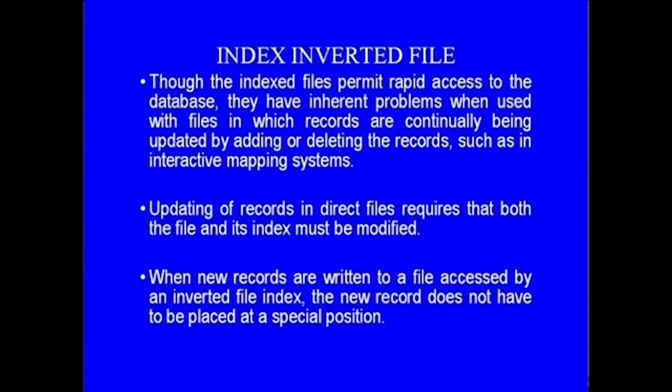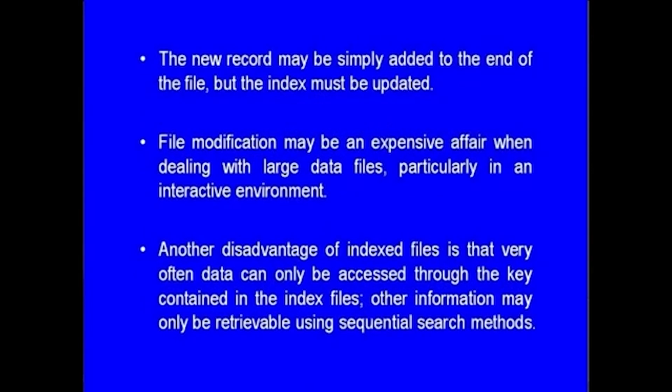When new records are written to a file accessed by an inverted file index, the new record does not have to be placed at a special position. The new record may simply be added to the end of the file, but the index must be updated. File modification may be an expensive affair when dealing with large data files, particularly in an interactive environment.